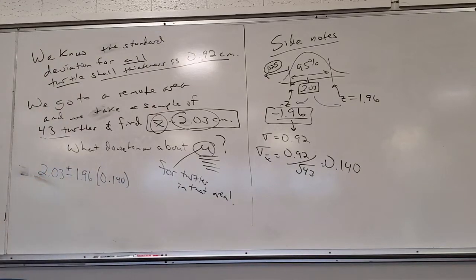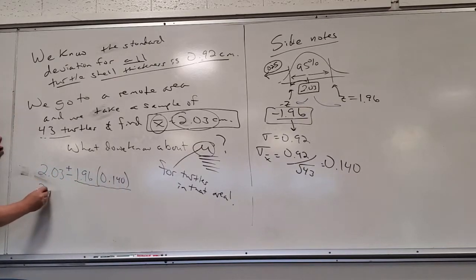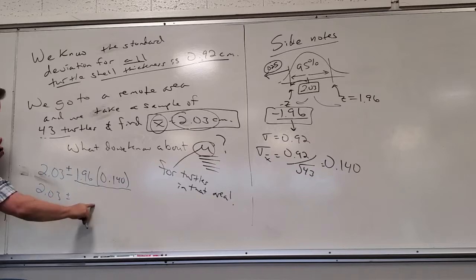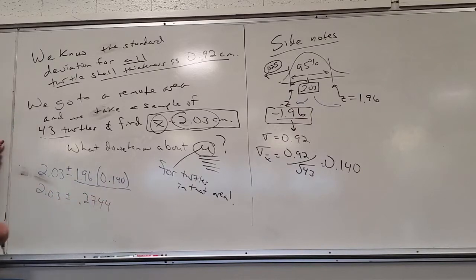Can somebody figure out what this piece is by itself first? Because that kind of makes sense. 2.03, give or take what? 0.2744. That makes sense.